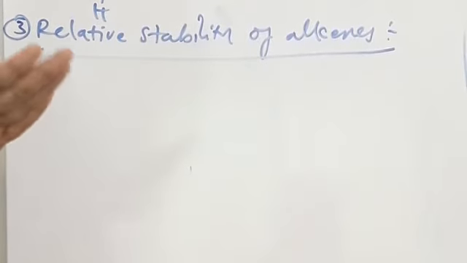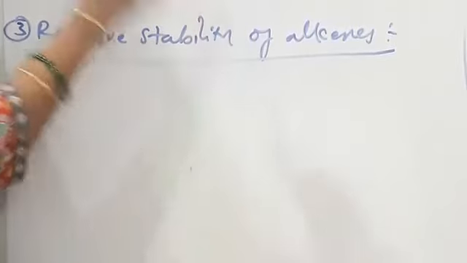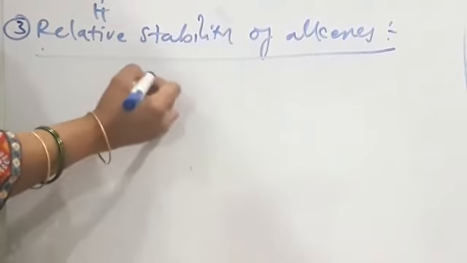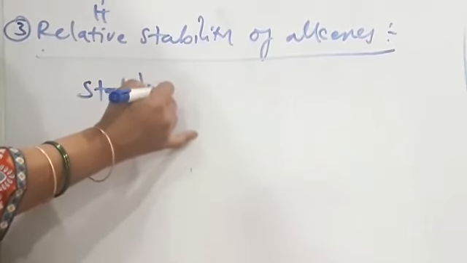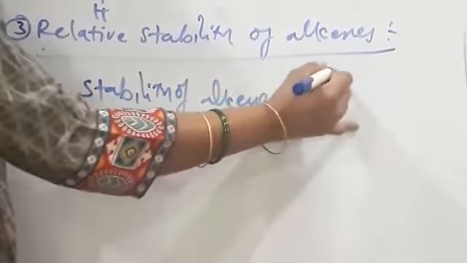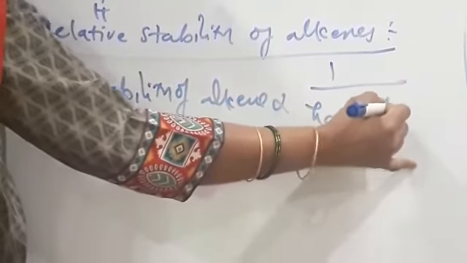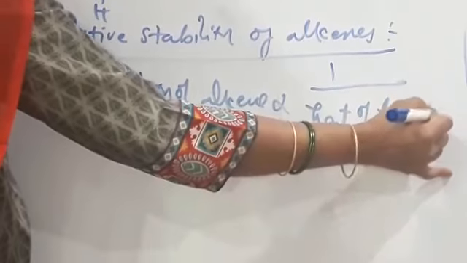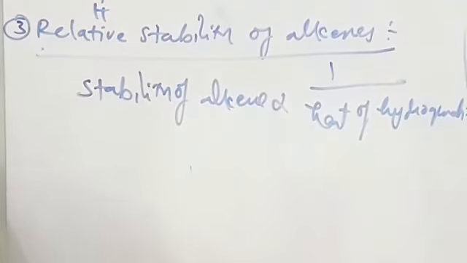So here, the relative stability of alkenes is inversely proportional to the heat of hydrogenation.